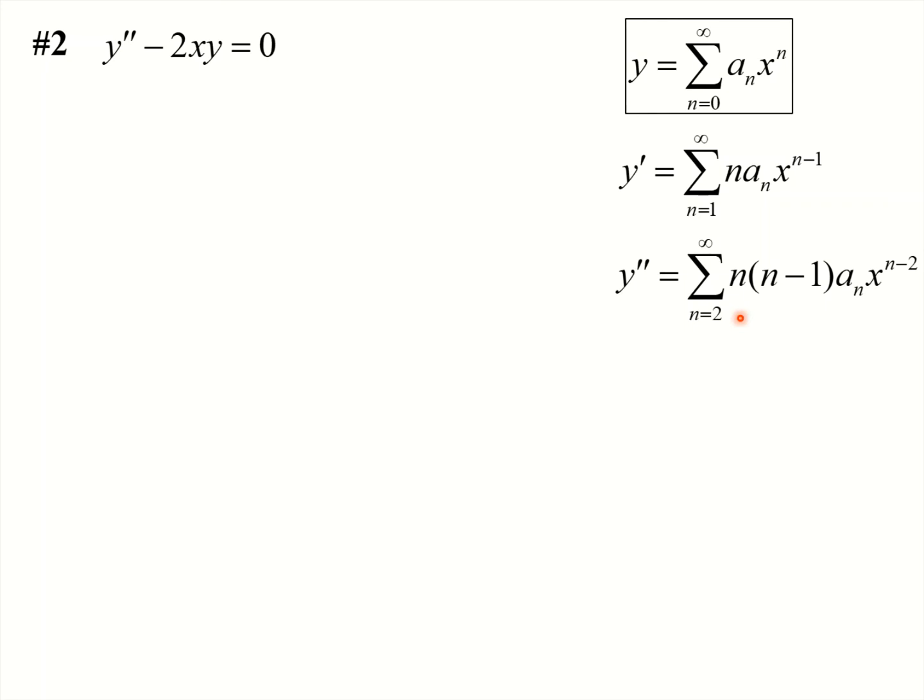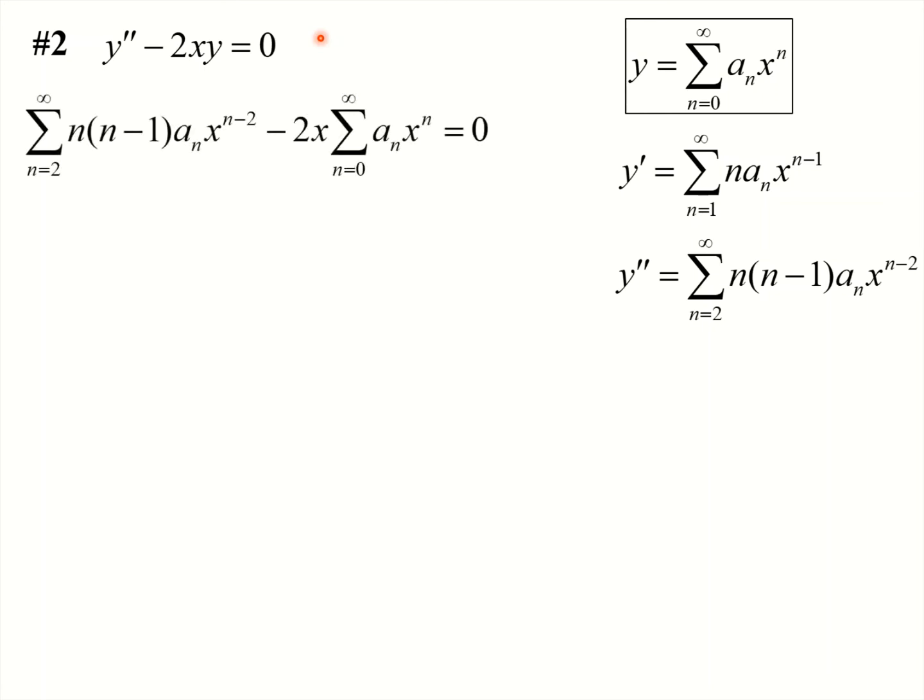Okay, so hopefully you're sitting down or you're holding on to something, because we're going to plug y and y double prime into the differential equation. It's going to get a little nasty algebraically, but you picked technical majors, so you better pretend to like this. Here it goes. There's the y double prime right there.